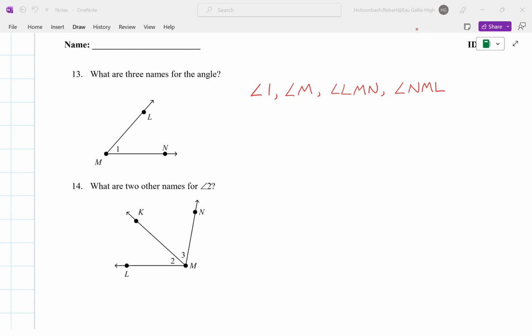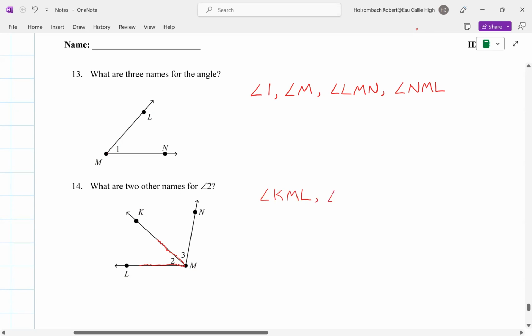And number 14 asks you for 2 other names for angle 2. Well, here's angle 2 down here. Point M is the vertex for 3 angles in this diagram, so we can't use just the M. So 2 other names for angle 2, we could call it angle KML.